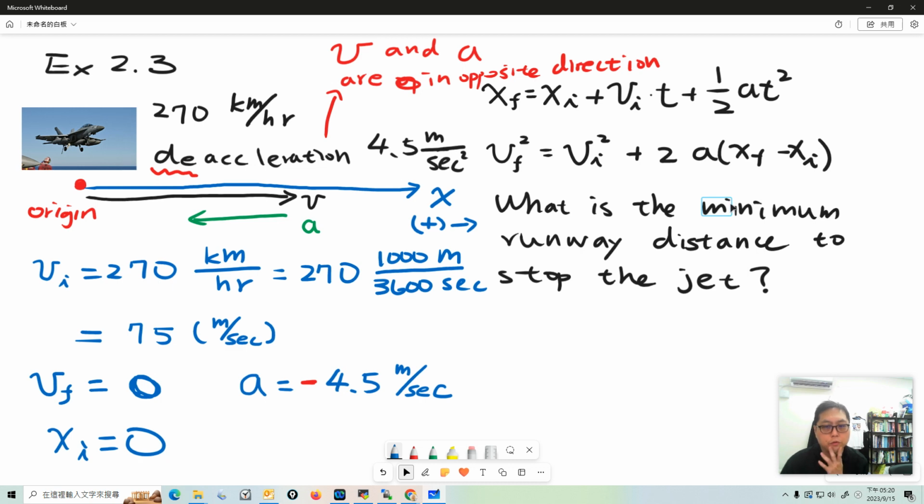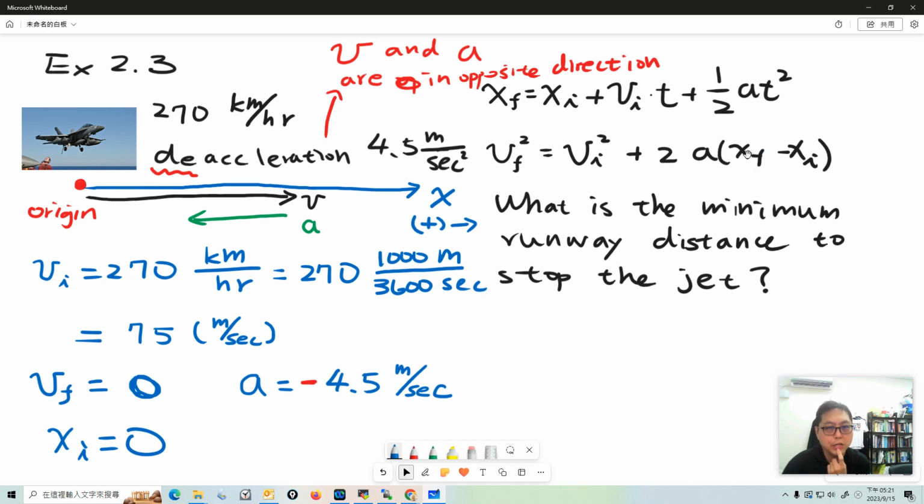When you put all the information in equation 1, you will find you have two unknowns: one is time, the other is xf. But for the second equation, you will find there is only one unknown left, and it's much easier to solve.